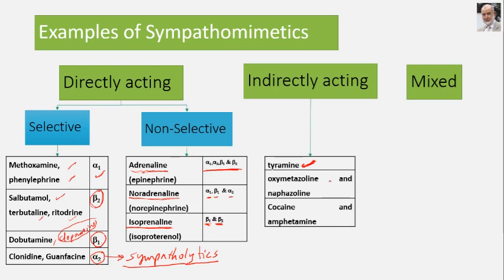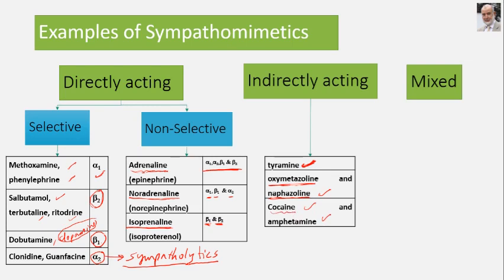The second most famous examples are oxymetazoline and naphazoline, used in the treatment of nasal congestion, as we will see later. Maybe the most famous examples are cocaine and amphetamine.